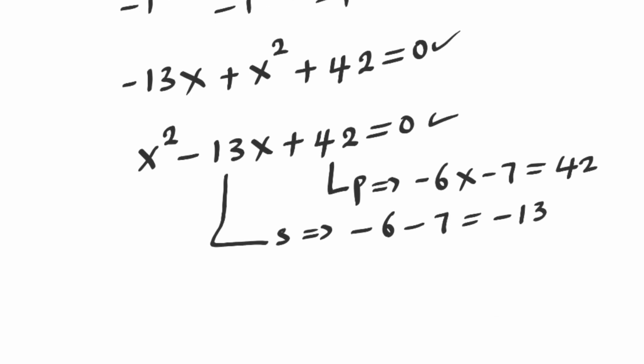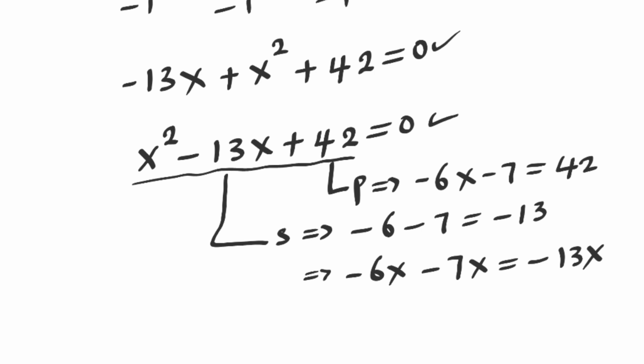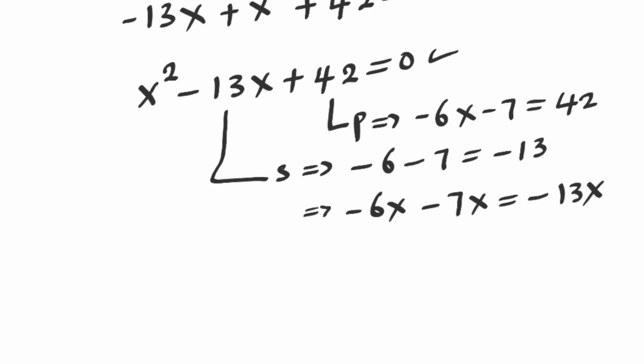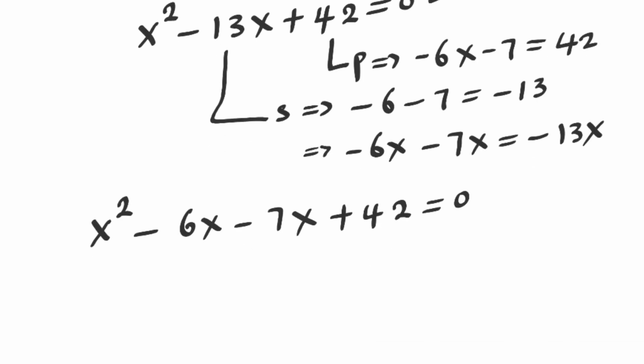Now if you now have minus 6x minus 7x, this is equal to minus 13x. This equation can be written as x squared minus 6x minus 7x plus 42 is equal to 0.